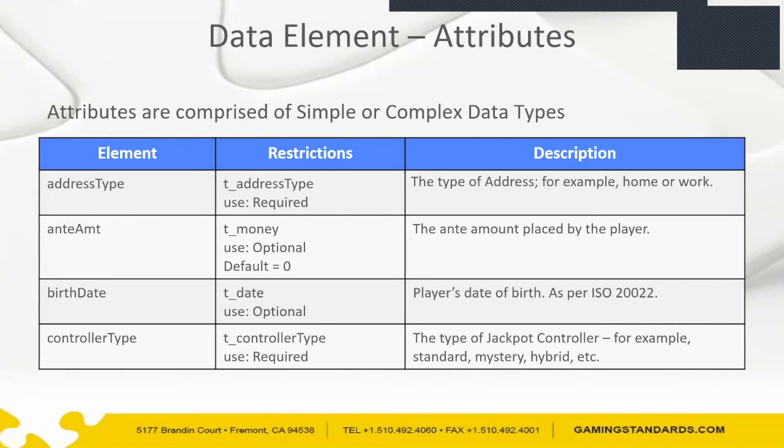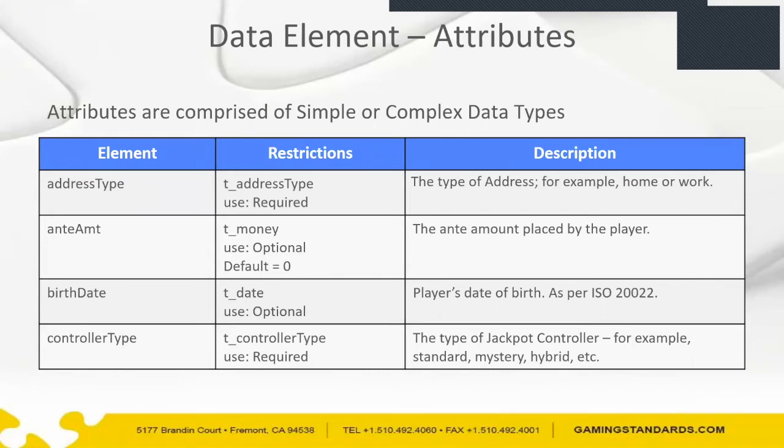Because actually, in some jurisdictions, there are some data elements that are in RRI that the regulators themselves are not allowed by law to collect. So we wanted to make sure that we did not inadvertently make one of those data elements required, because then RRI would not be usable in that jurisdiction. Notice that birth date uses ISO 20022. As I mentioned, to the largest extent possible, we tried to use already existing standards within RRI.